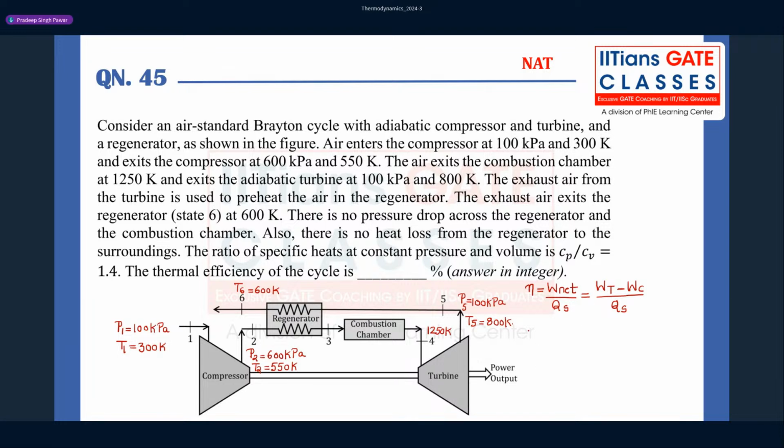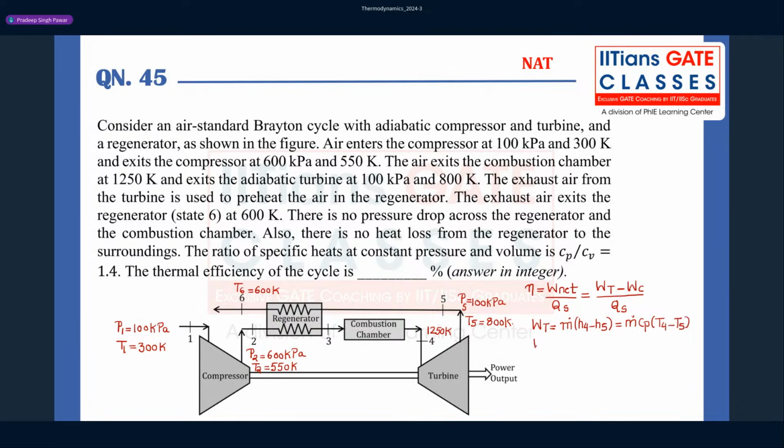How do we find WT first? We have to apply the steady flow energy equation to the turbine. The turbine can be considered completely insulated here. So turbine work will be m dot (H4 minus H5) by the steady flow energy equation, and this becomes m dot Cp (T4 minus T5).